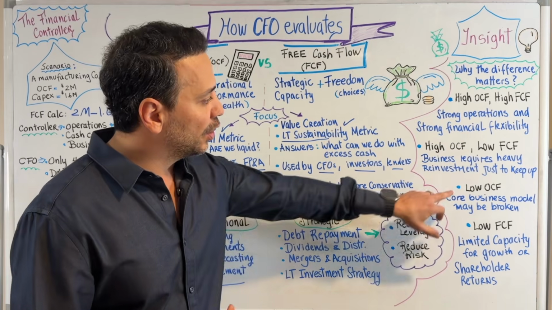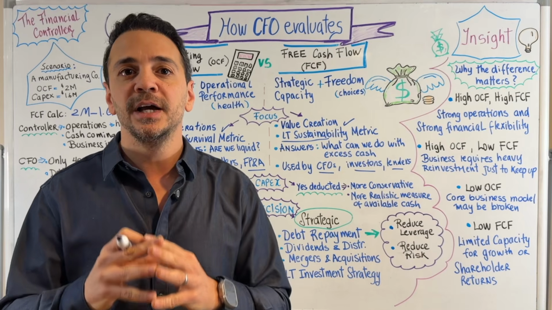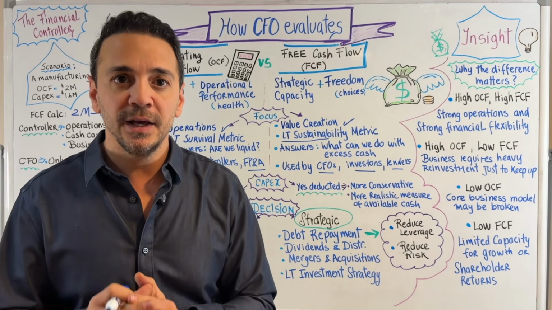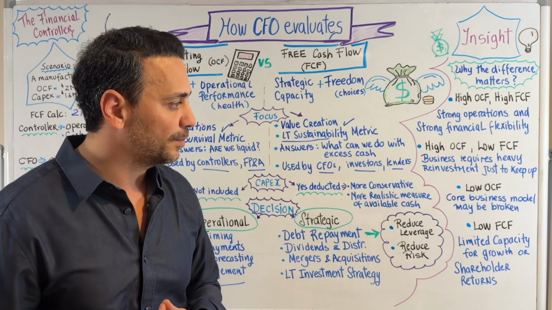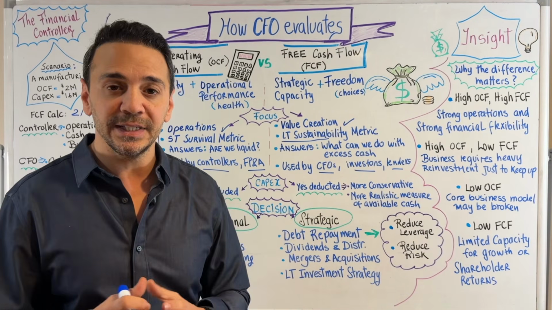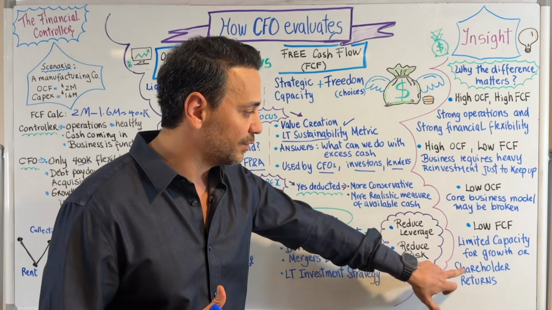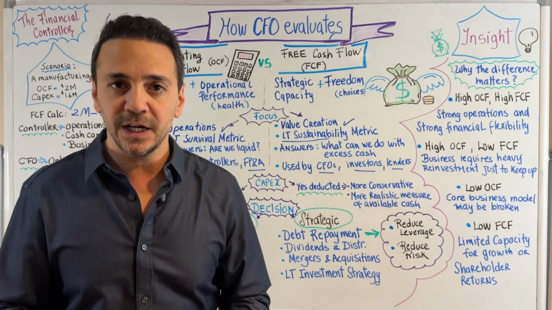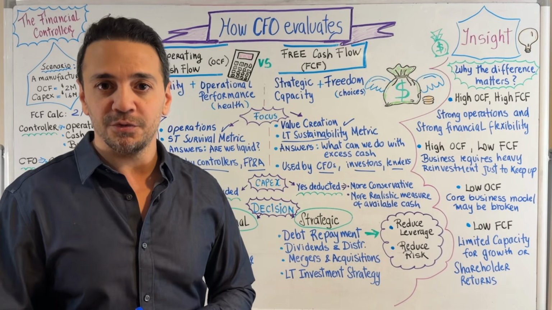So when you have a low OCF, it just means that the core operation of the business is pretty difficult, and you need to examine the business model and examine how you're managing your customer collection and accounts payable. Another example is a company with low FCF. Well, this is a company that has a lot of capital needs, and that gives us limited capacity for growth or giving any kind of shareholder return when you have limited FCF, or free cash flow.